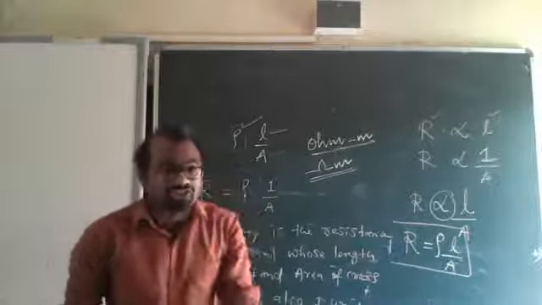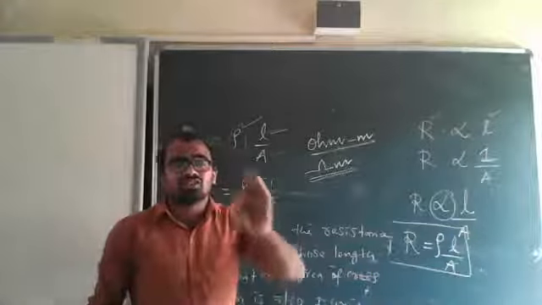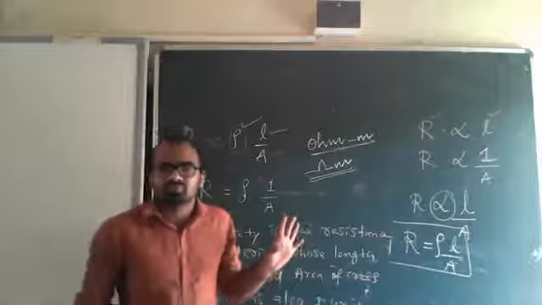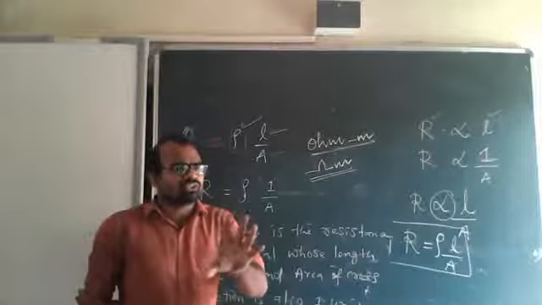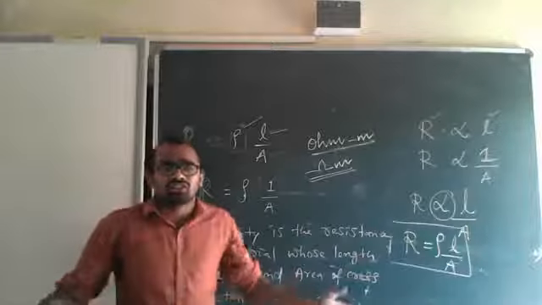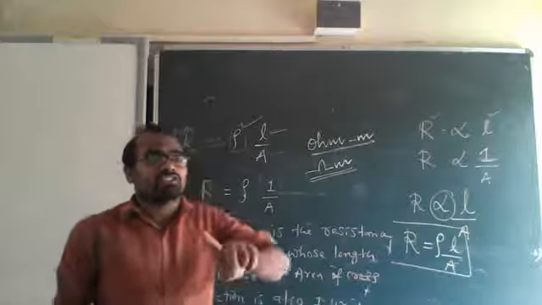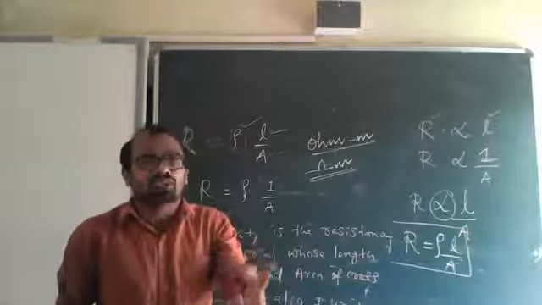Resistance can be changed, but resistivity cannot be changed. For a material, resistivity is fixed. For one material, if you take silver, its resistivity is fixed. You cannot change the resistivity of a material. You can only change the resistance of a material by varying the rheostat.